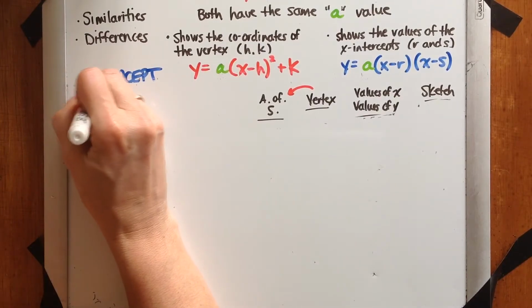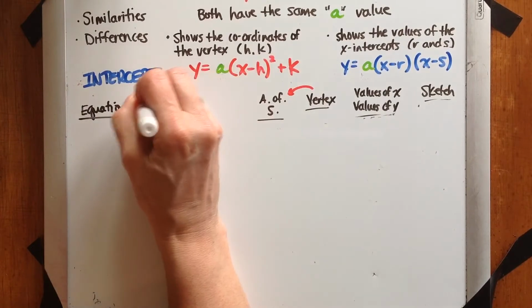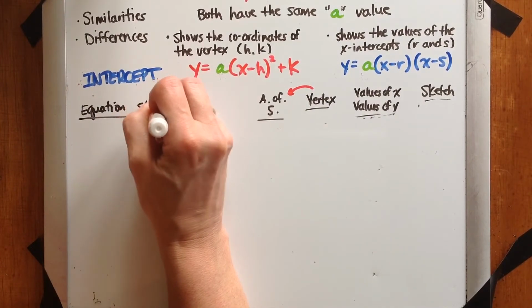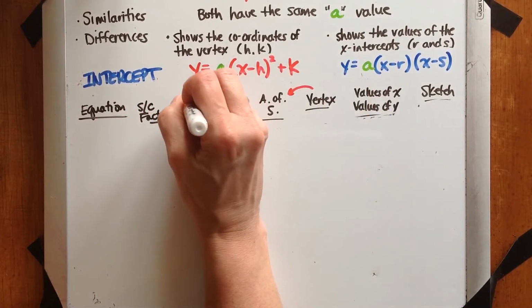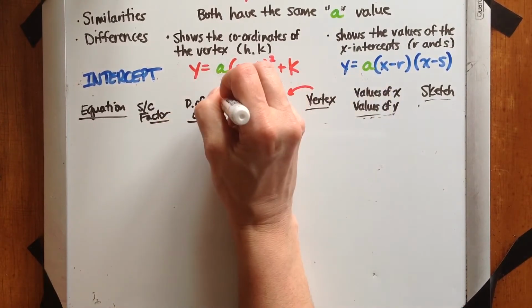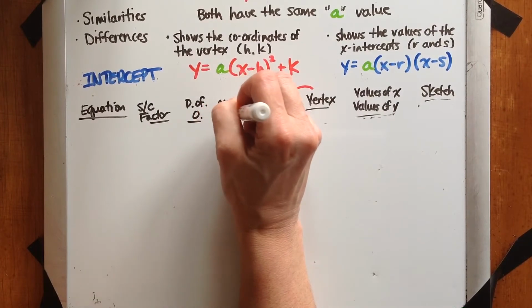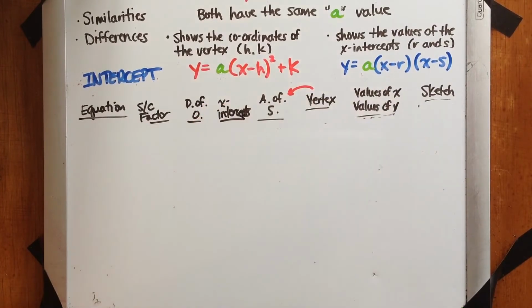Keep the equation here. The stretch or compression factor. The direction of opening. And we're going to add in here x-intercepts. Again, we can add those in because we can get them by inspection. We can't with vertex form. That's why that column wasn't there before.